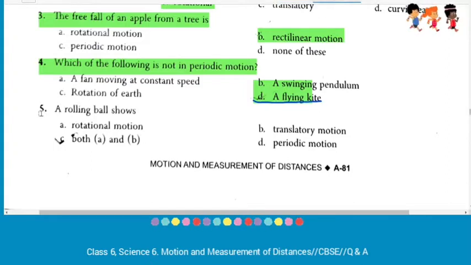Fifth question, a rolling ball shows rotational motion, translatory motion, both A and B, or periodic motion. Answer is both A and B. A rolling ball shows rotational motion and translatory motion.